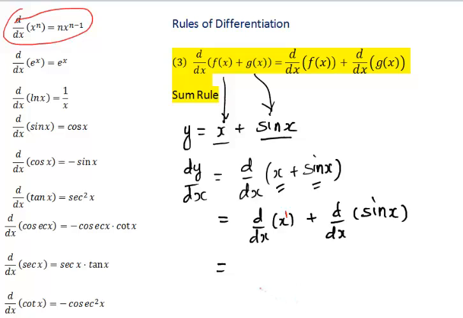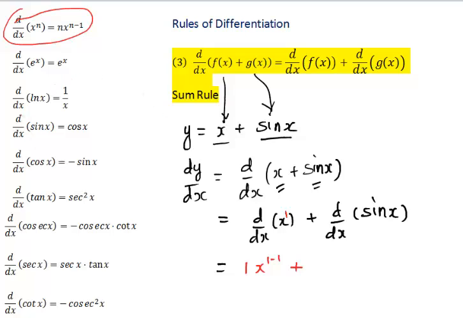So we'll have here 1, then x to the power 1 minus 1, because n is 1 here, plus differentiation of sin x.